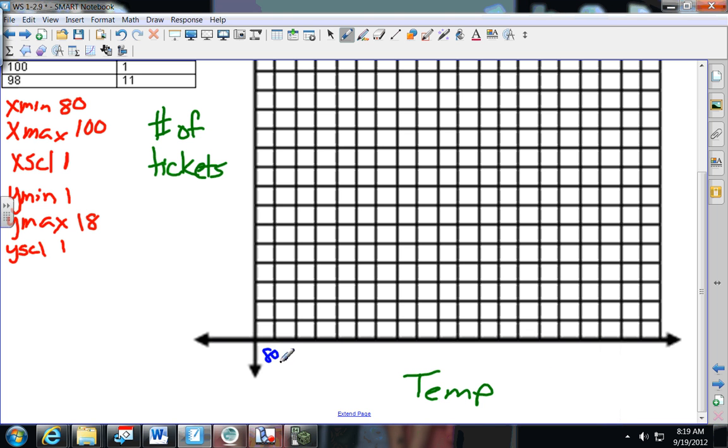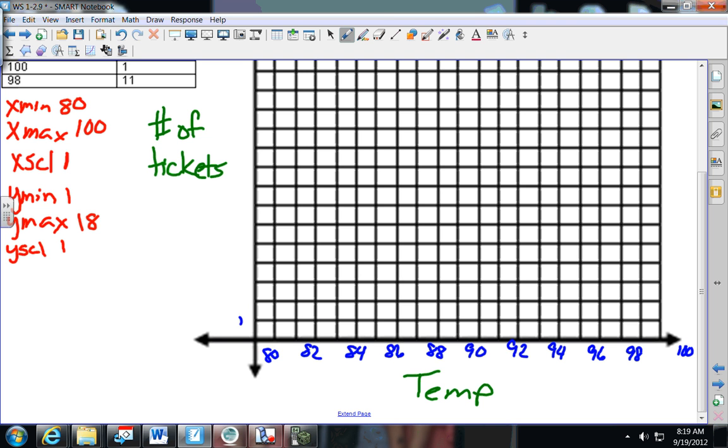So we have 80, and we're going by ones. 81, 82, 83, 84, 85, 86, 87, 88, 89, 90, 91, 92, 93, 94, 95, 96, 97, 98, 99, and 100 kind of goes off.